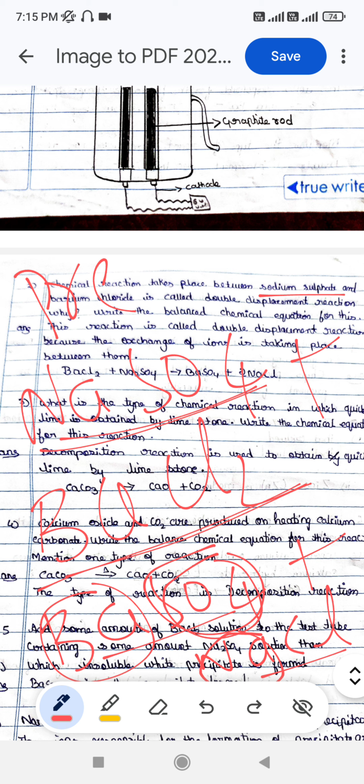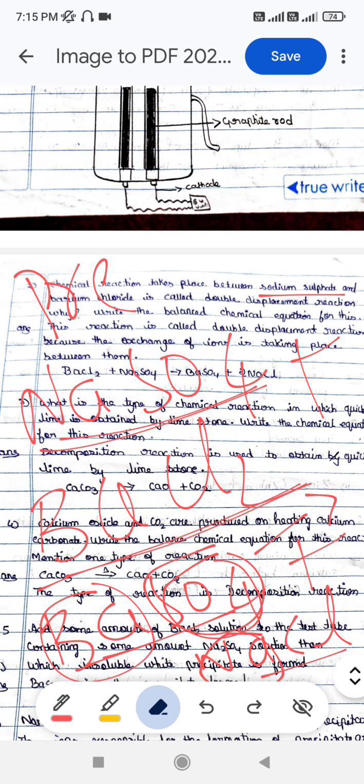Here BaSO4, barium sulfate, is the precipitate in this reaction. So the reaction in which an insoluble substance is formed is called a precipitation reaction, and here the precipitate is barium sulfate.